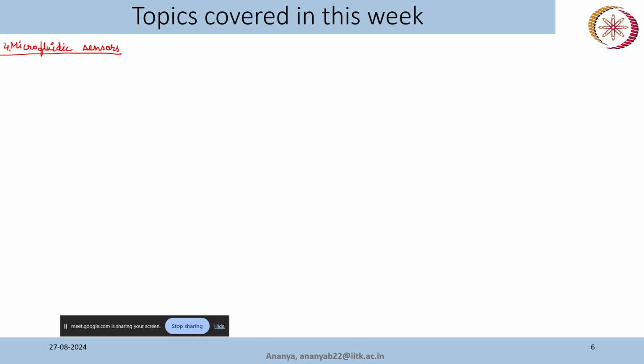It's not that these cannot be used for other sensors, but they have certain advantages, as I mentioned, in biomedical or biological sensing. Okay. So what are the applications of microfluidic sensors? First application, I am taking this from the lecture notes, you can refer to that: lab on chip.